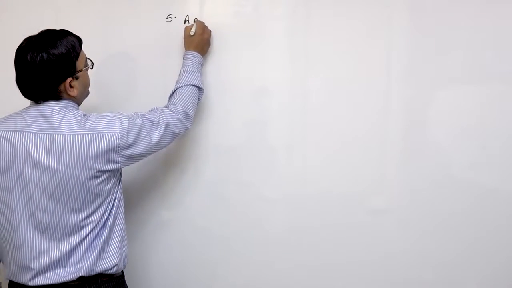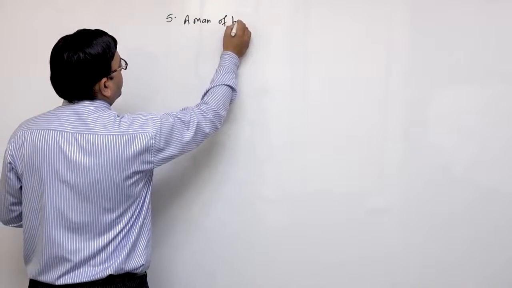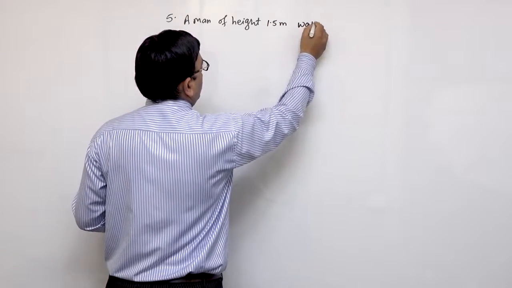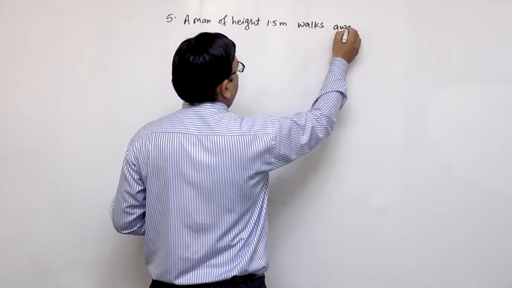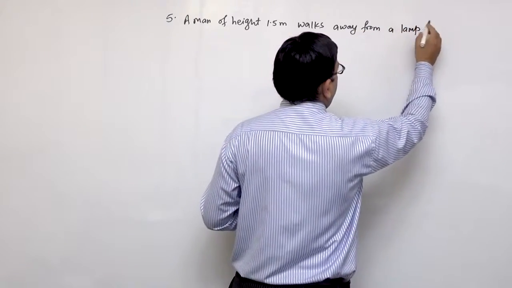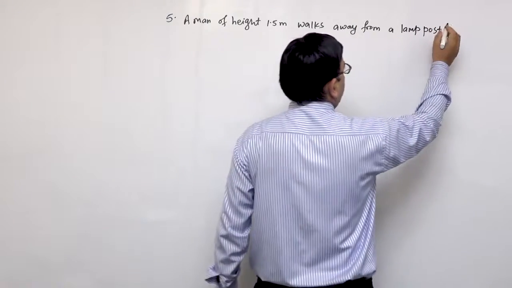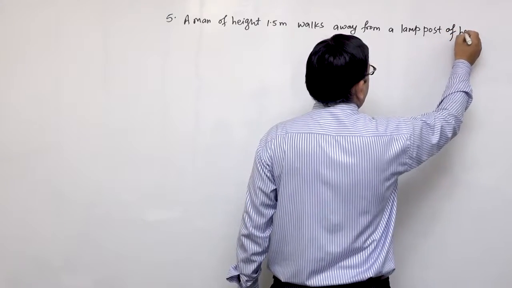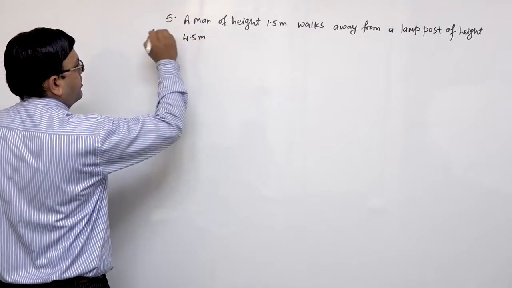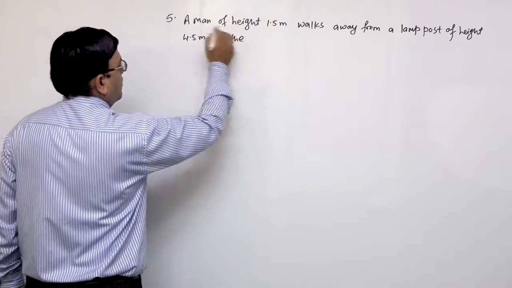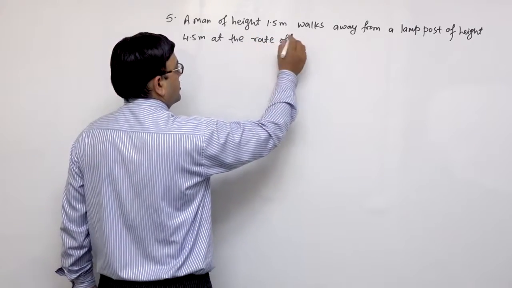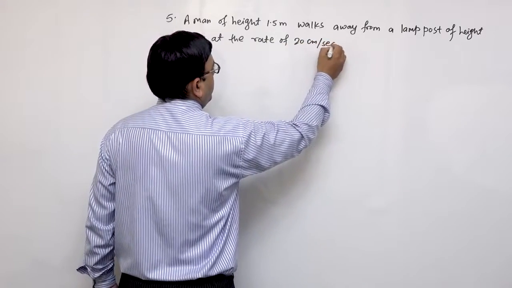Question is, a man of height 1.5 meter walks away from a lamppost of height 4.5 meter at the rate of 20 centimeter per second.